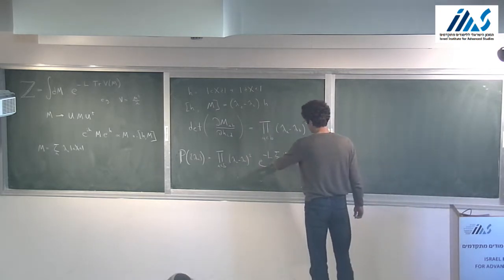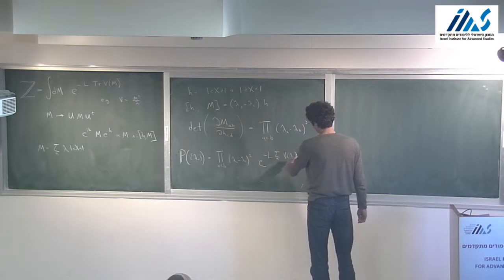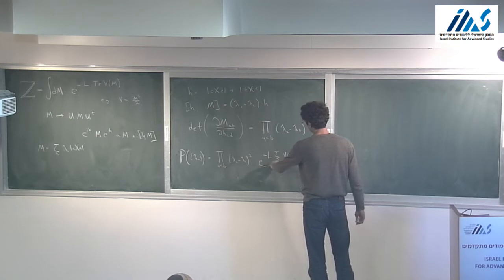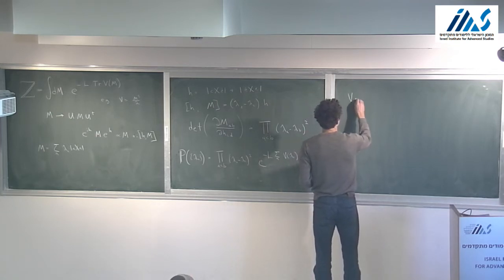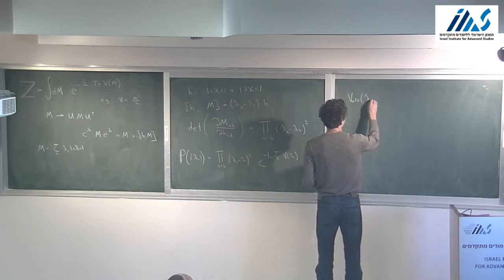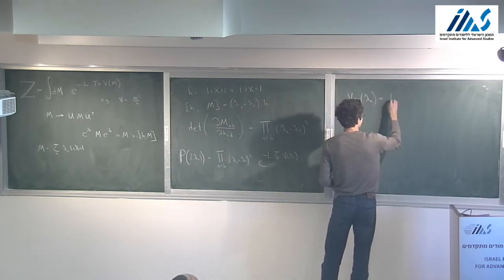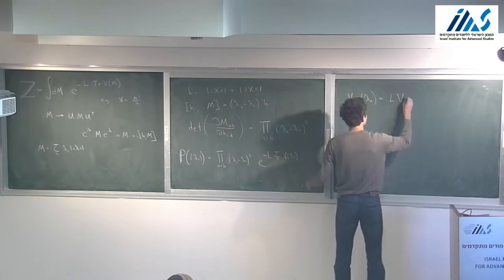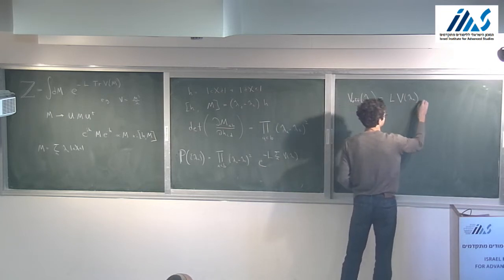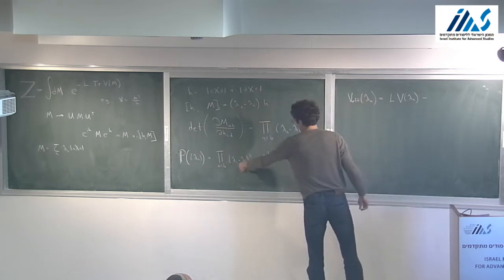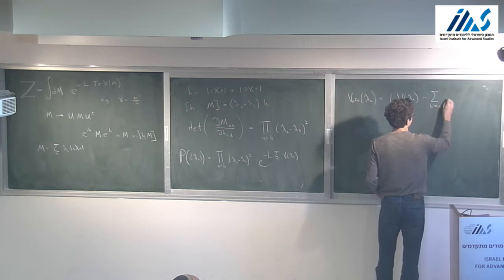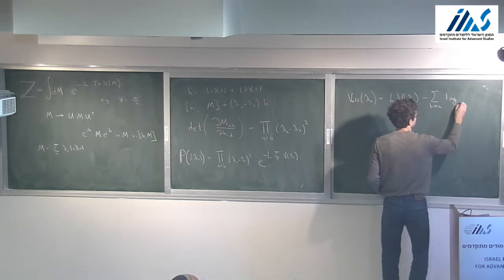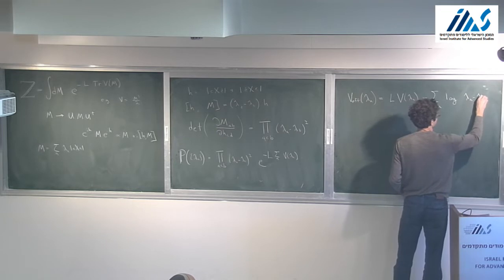So one way to do that is to use basically a mean field analysis and compute the effective potential that a single eigenvalue feels. So the effective potential for some eigenvalue, let's say eigenvalue A, is L times the bare potential, just this function V of lambda A, minus a term coming from the sum over all these other eigenvalues. Sum over B not equal to A of log of lambda A minus lambda B squared.